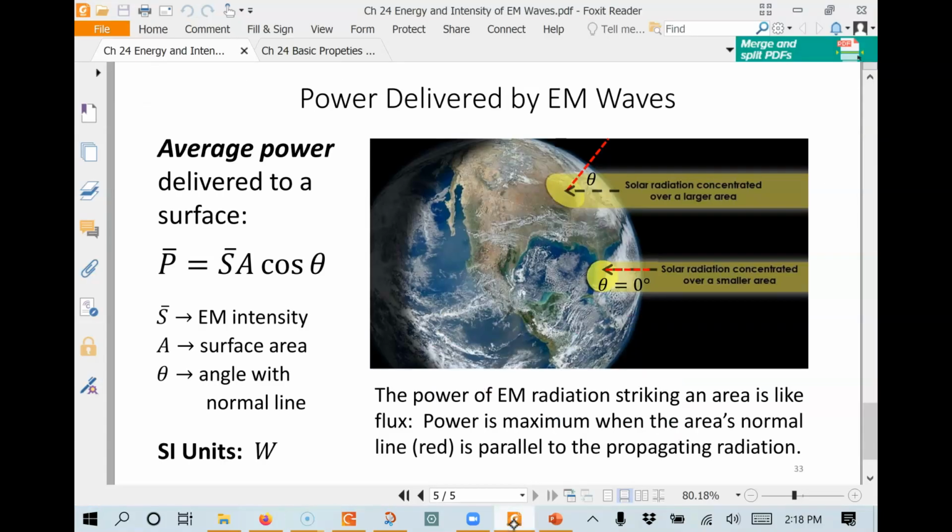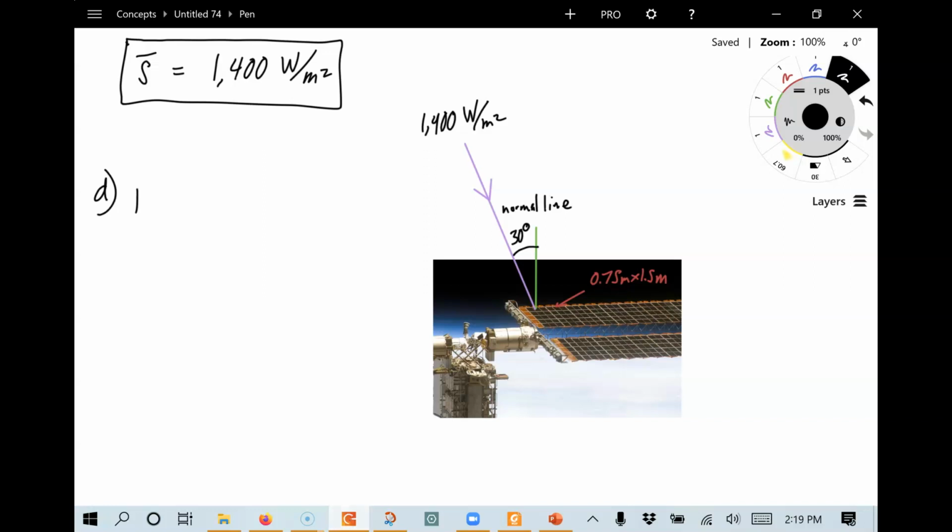So the average power, P bar, that's going to be striking that surface, it depends on the geometry as we saw, and it depends on the area, and it depends on the intensity that's striking it. So here's your equation here. The average power is equal to the intensity times the area it strikes times cosine of the angle between the direction of the beam and the normal line, which takes into account the geometry.